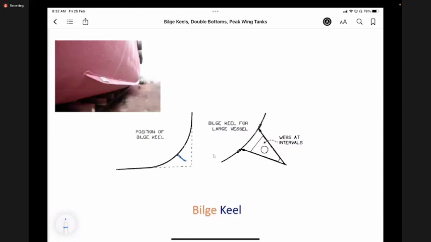So what difference would it make? See, if we are increasing the breadth of the ship, maneuvering becomes an issue. Why I'm telling is, first of all, suppose you want to pass through the Panama Canal.